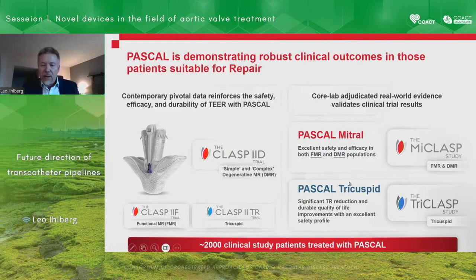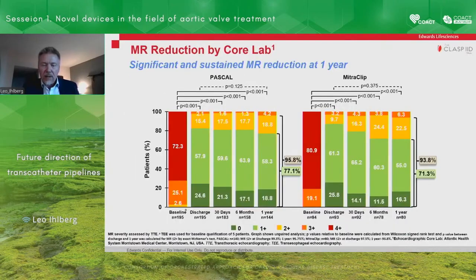Also, the TriClasp trial has been showing a significant TR reduction and durable quality of life improvements with an excellent safety profile over time. But anyways, the overall body of evidence on the Pascal device and its benefits is currently increasing all the time.